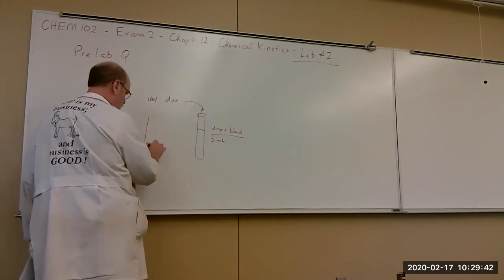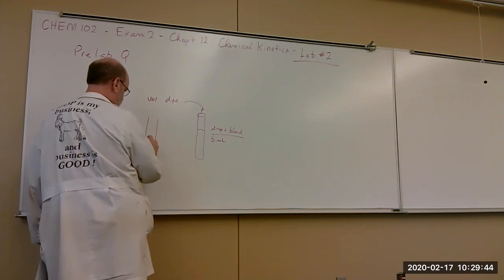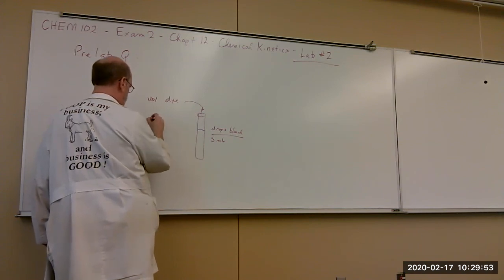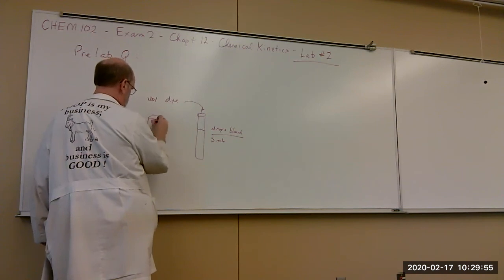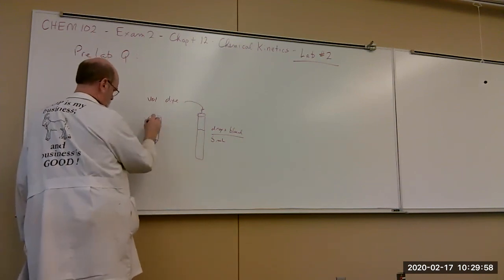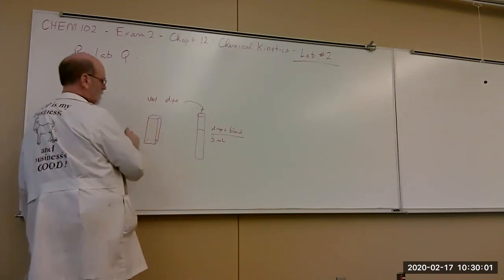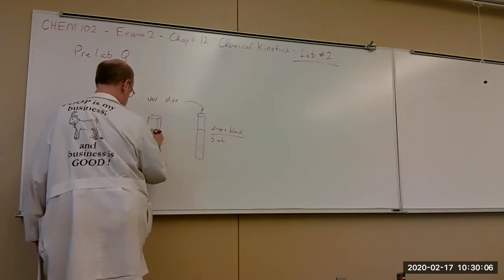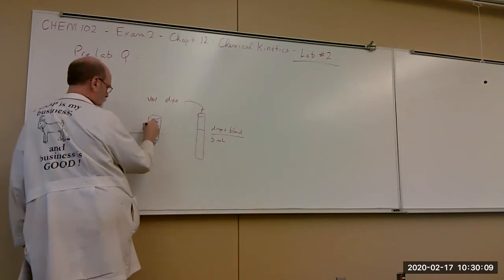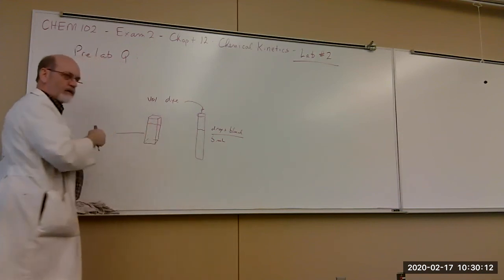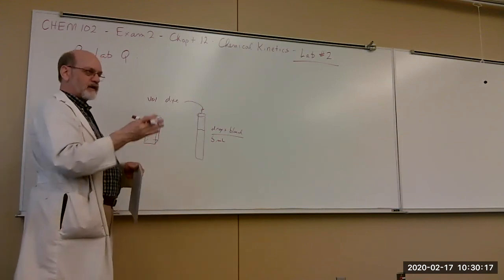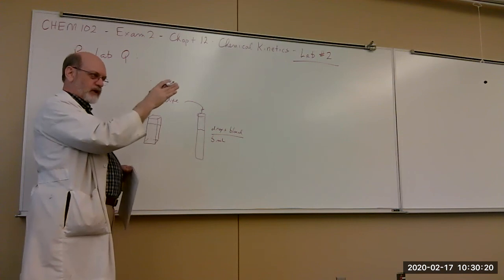The cuvettes are going to be these little things like that, and they're like this. And the light beam is going to be shining through. Here, like that. So you want your liquid to be up to a certain level so that the light beam can shine through there. And as it decolors, as the reaction proceeds, you're going to see the absorbance go down, down, down.